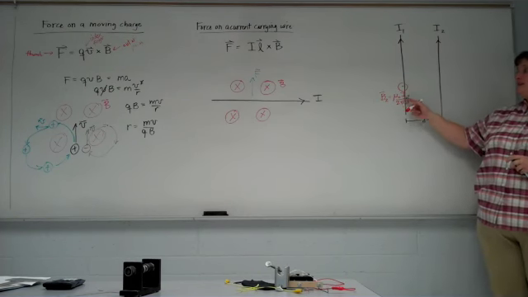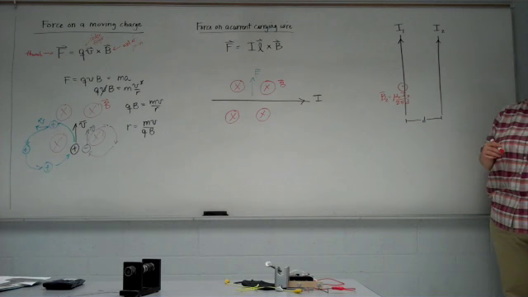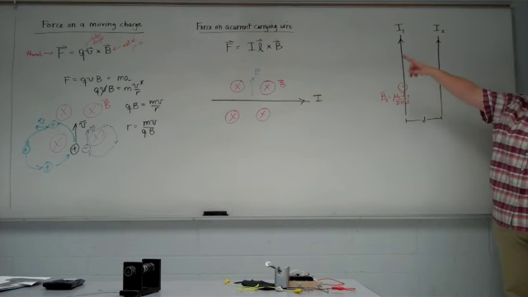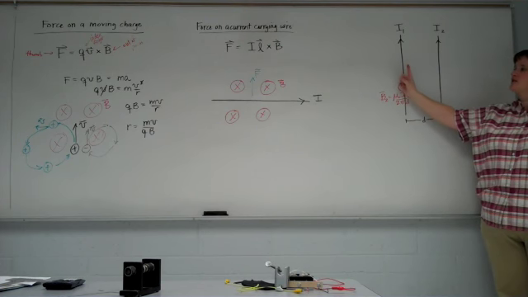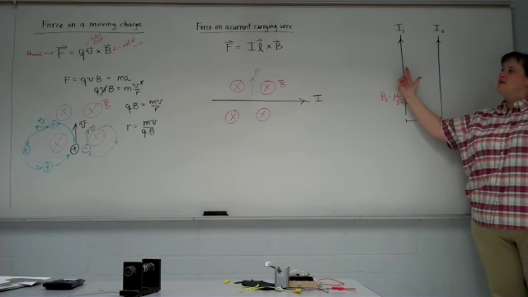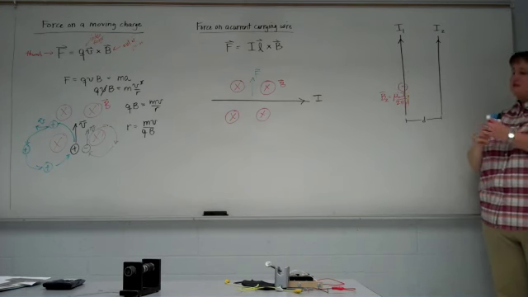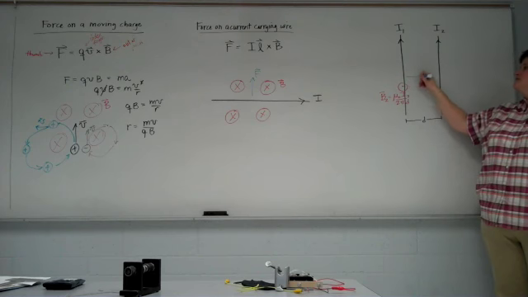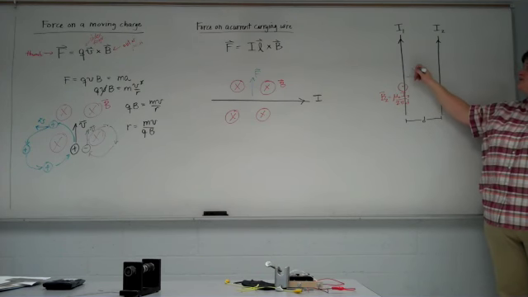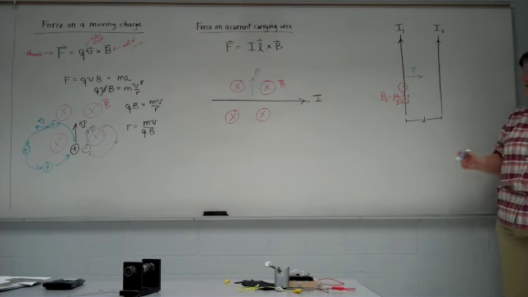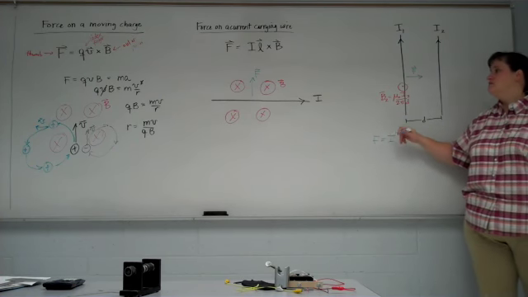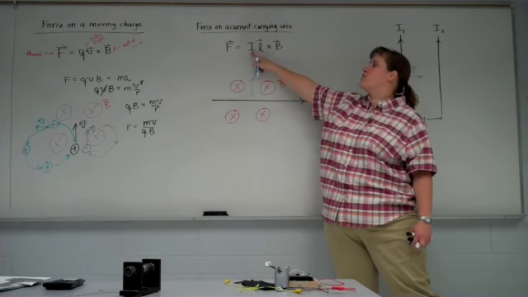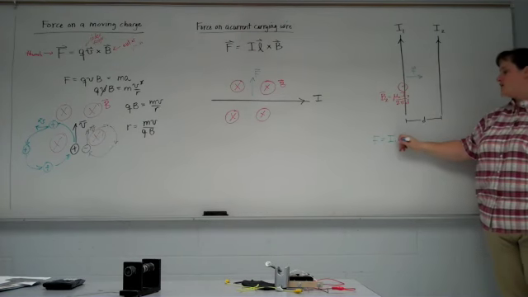Since wire 1 is in this external field, it's going to feel a force. We can easily find the direction if we put our index finger in the direction of the first vector, which is the direction the current is flowing. We let the second vector, the magnetic field, come out of our palm. Our thumb is the result. So the force on this wire, due to this magnetic field, is to the right. The force magnitude is easy to find. We're trying to find the force on wire 1, so we need I1.